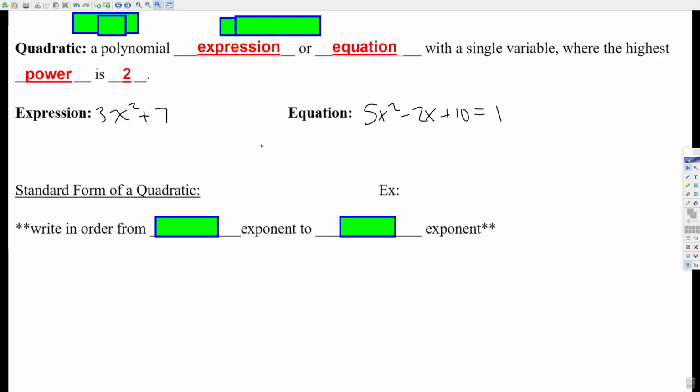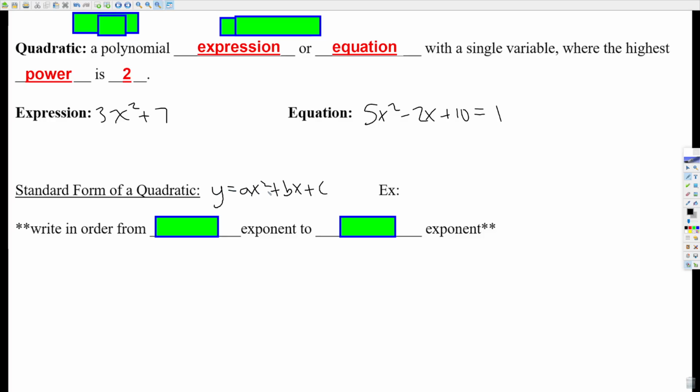And then we have something called standard form of a quadratic. So the standard form specifically is an equation, and it has to be of the form y equals ax squared plus bx plus c. You don't necessarily need the y equals part.